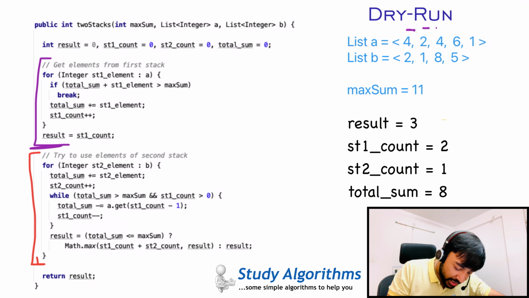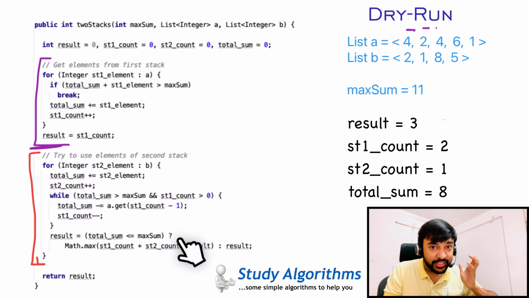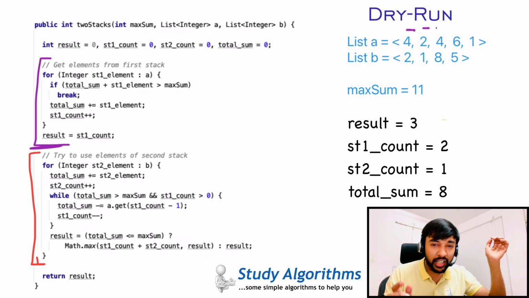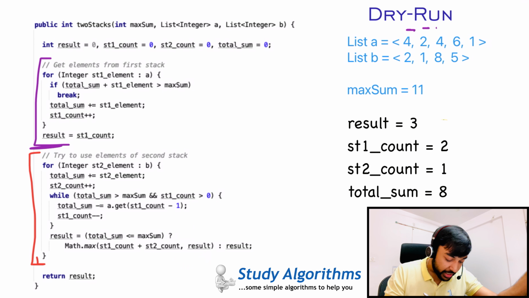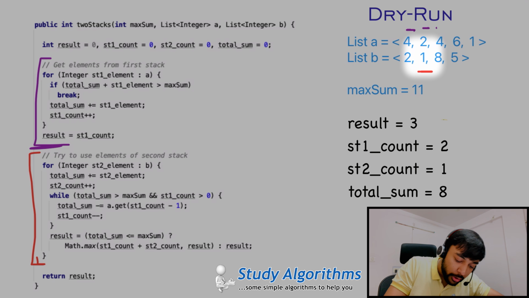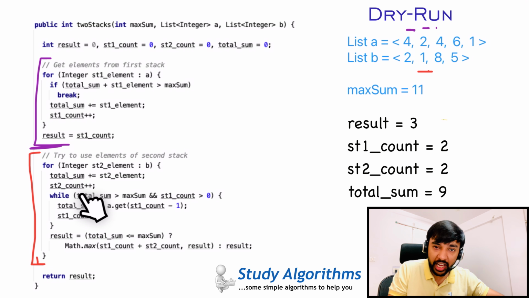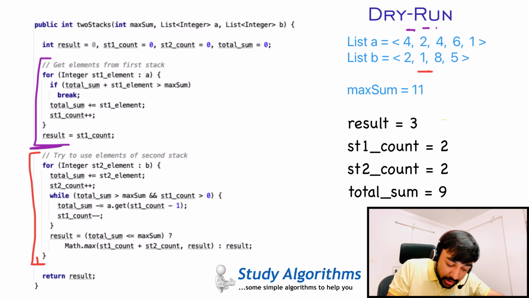This loop ends, and now we will see, did this change my actual count? Now we have two elements from stack 1 and one element from stack 2. Right now this does not change. Fine. This loop will run again, and this time we will try to add the element 1 to our total sum. We add the element 1, we increase the value of stack 2 count, and the total sum is still less than the max sum, right?